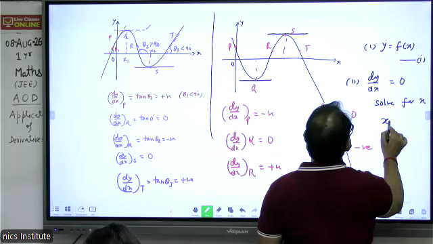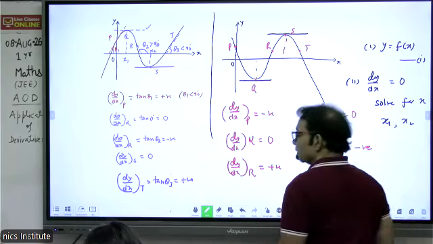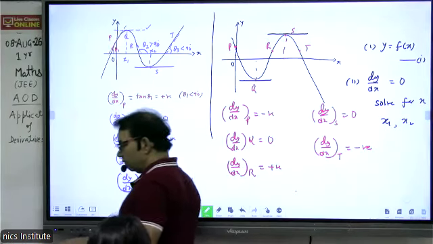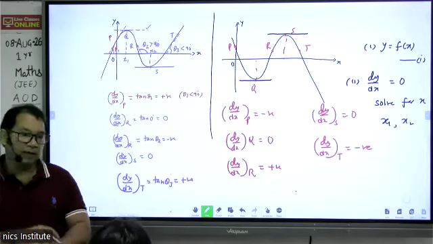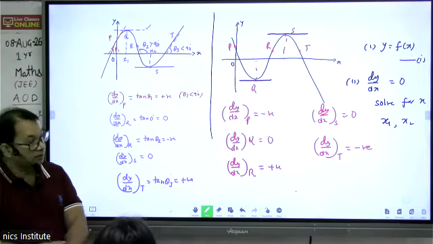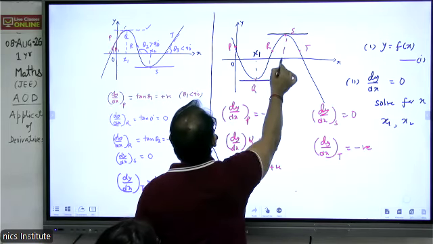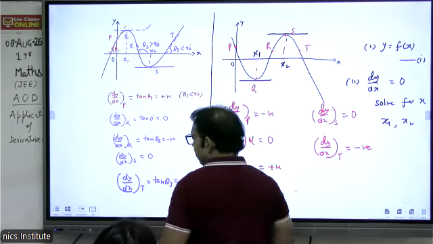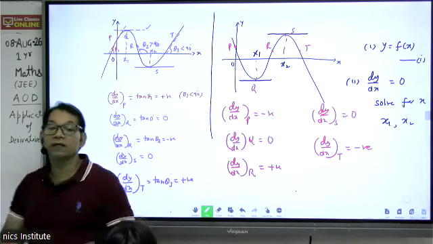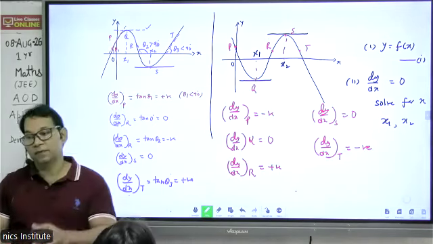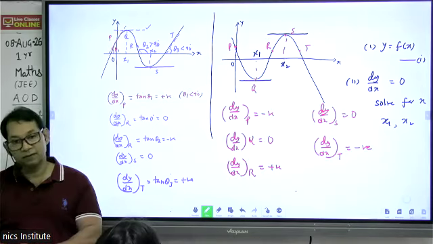Suppose I get x1, x2. We differentiate the function, equate that derivative to 0 and solve for x. So in a way, I'll get those points where derivative is 0, or the points where the slope changes sign.